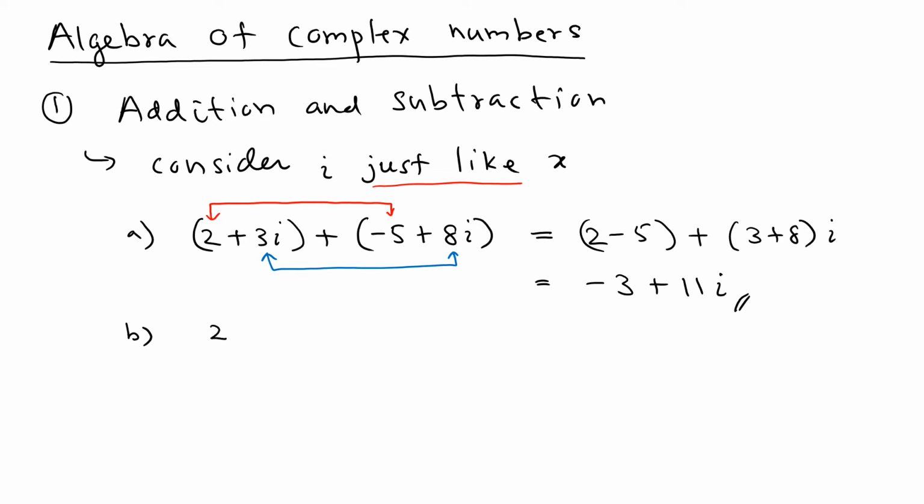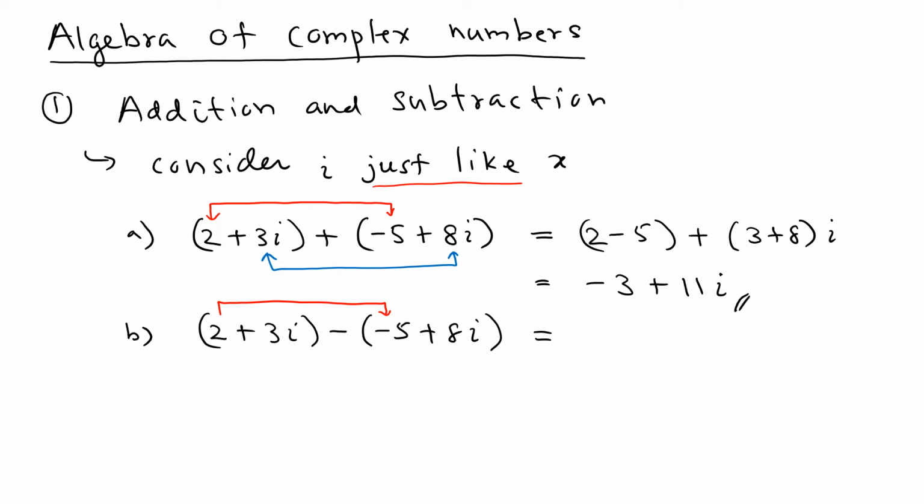Let's say we have 2 plus 3i. Now we're going to subtract them. So let's say subtract negative 5 plus 8i. In this case, we just subtract them as before. Last time we added, now we subtract them.